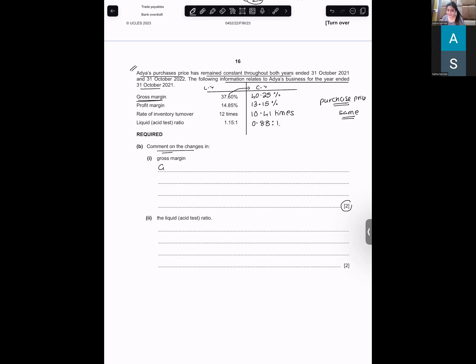So first I will write that the gross margin has improved. That means gross profit as a percentage of your sales has improved. When can this happen? This can happen when your selling price has increased.